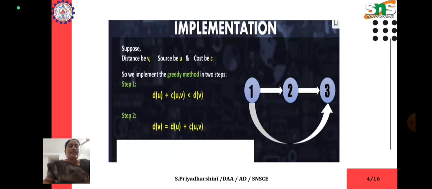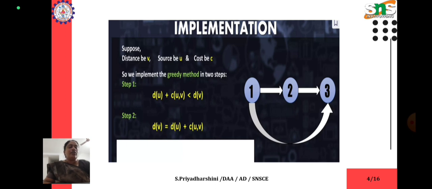So the implementation: suppose distance D, source U and the cost C. If we implement using the greedy method in 2 steps, step 1 will be you have to find D of U plus C of U comma V. D of U is nothing but the distance between the edge 1 to 3 and C of U is nothing but the cost to arrive from source to the destination.